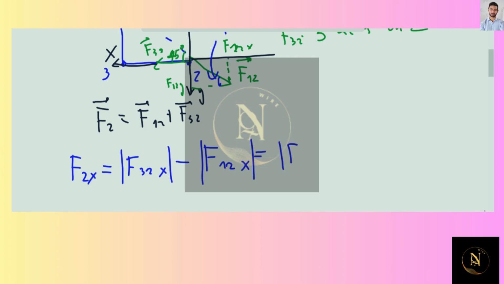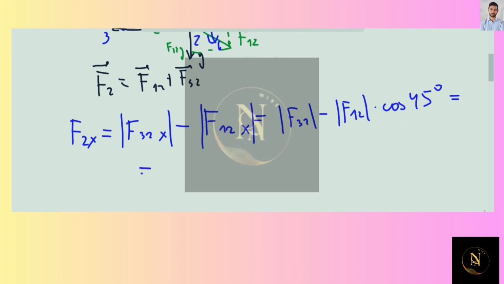So F32x equals F32 and F12x equals F12 multiplied by cosine of 45 degrees. So it equals F32 minus F12 over square root of 2.